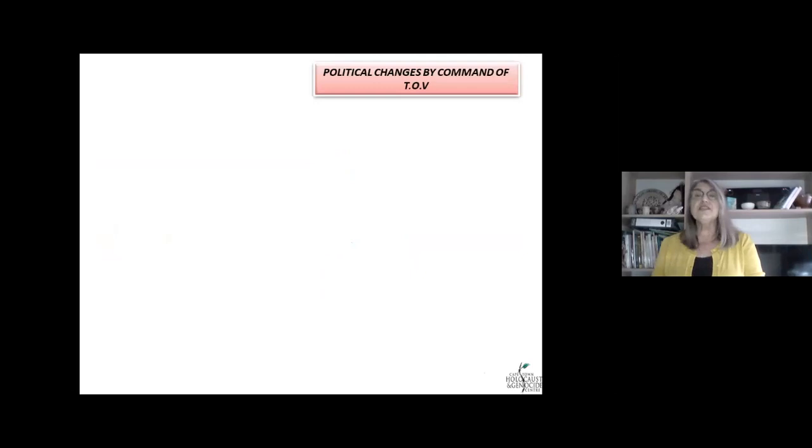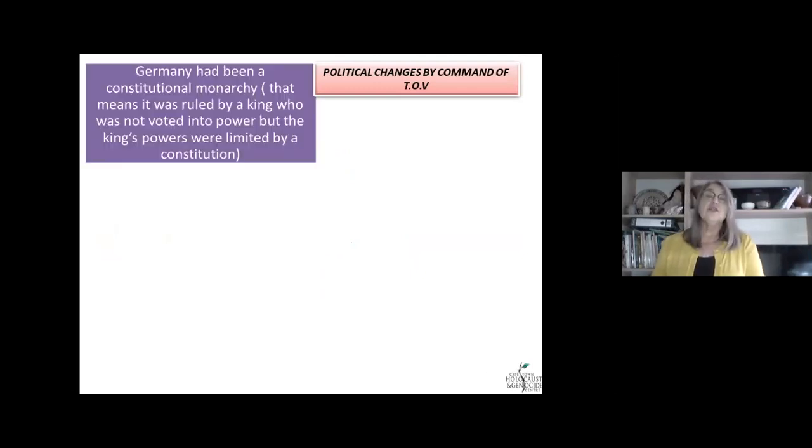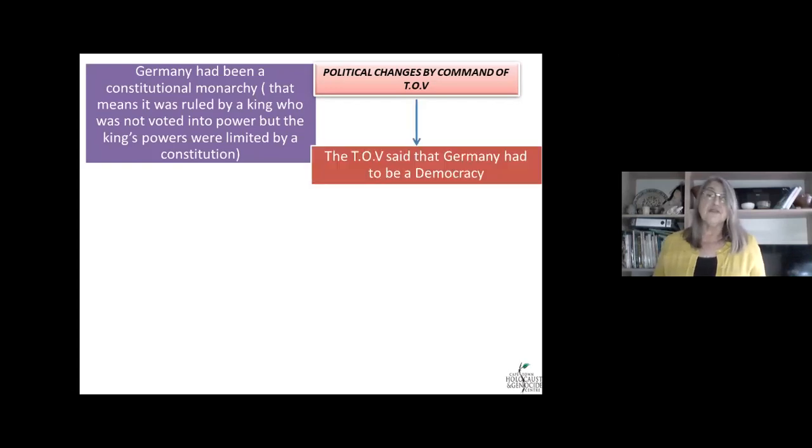So the Treaty of Versailles commanded that there be political changes in Germany. So Germany had been a constitutional monarchy. In other words, it was ruled by a king who was not voted into power, but came through the royal line. But the king's powers were limited by a constitution, not unlike the British royal family.